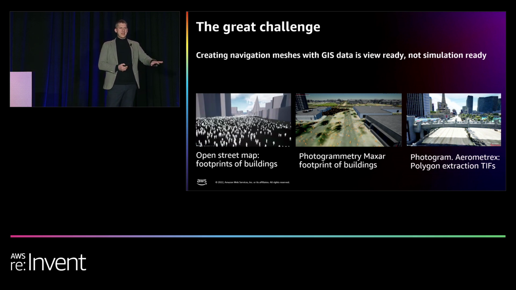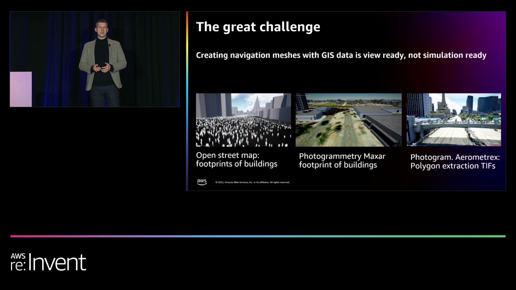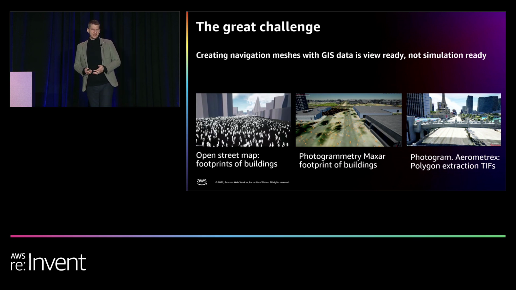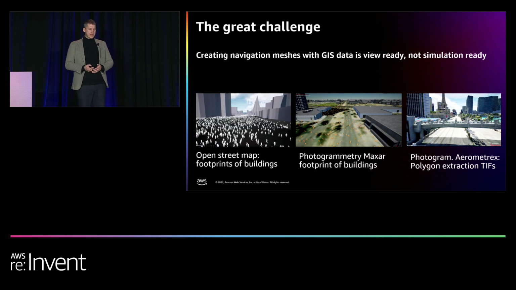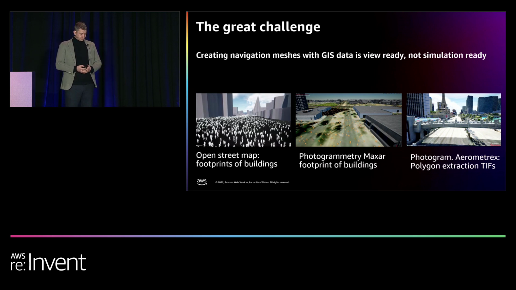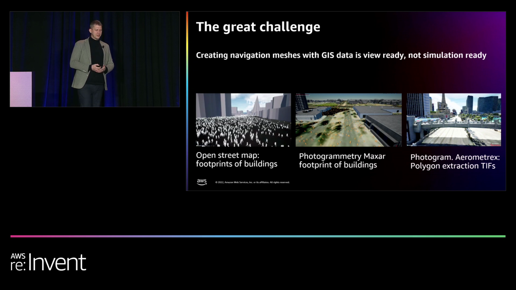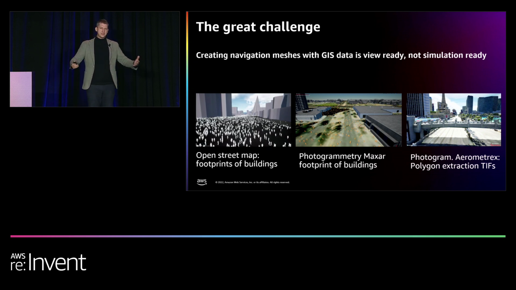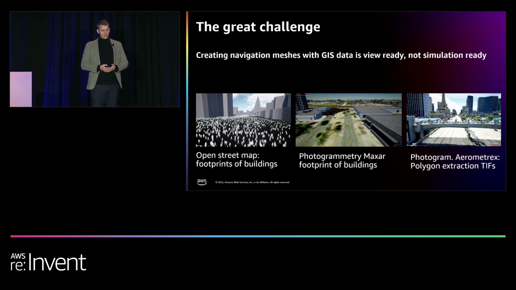And what we did, we looked at the footprint of the buildings and used that as obstacles in our environment. While for the second environment, we got some photogrammetry data from Maxar. And also here, we took the footprint of the buildings in order to create a representation of where people can walk.